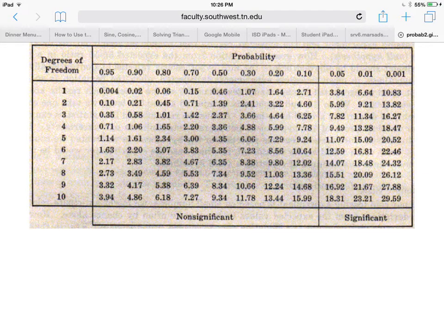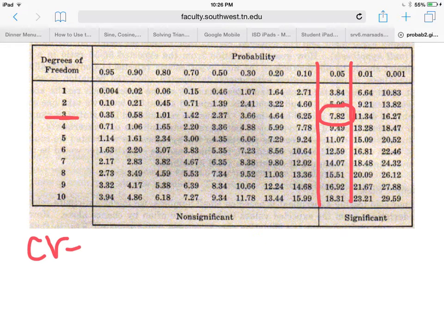Alright, so here is our chi-square table. Here is our probability column of interest, because that's the 0.05. We are looking at 3 degrees of freedom, so right there, which means that our critical value is going to be 7.82.